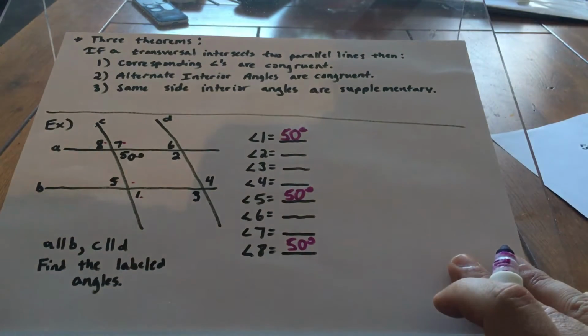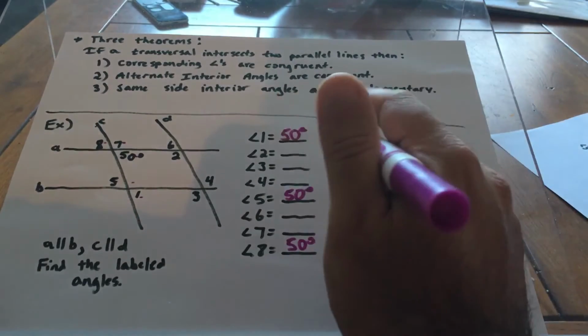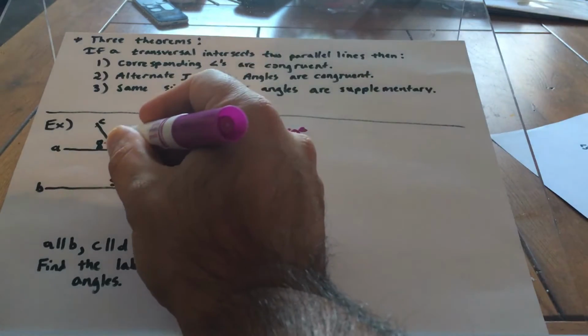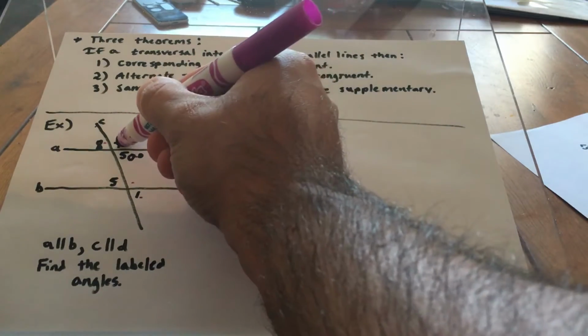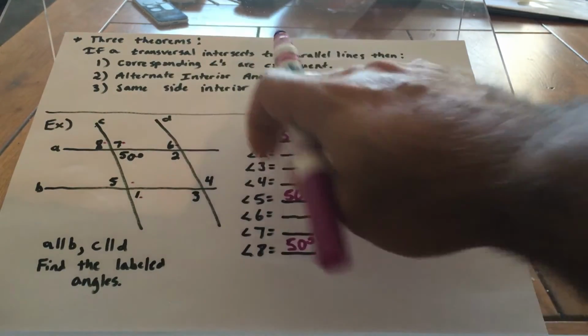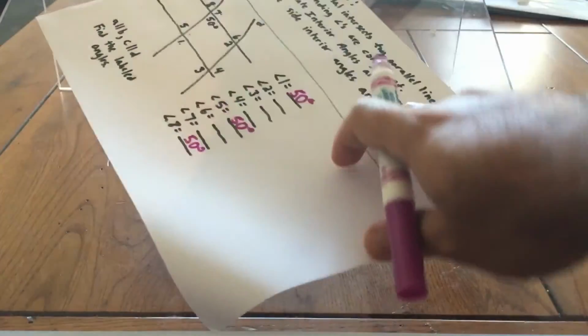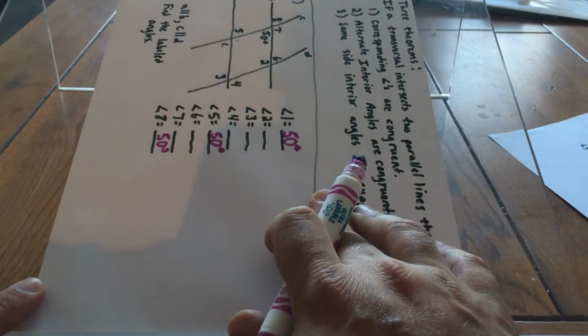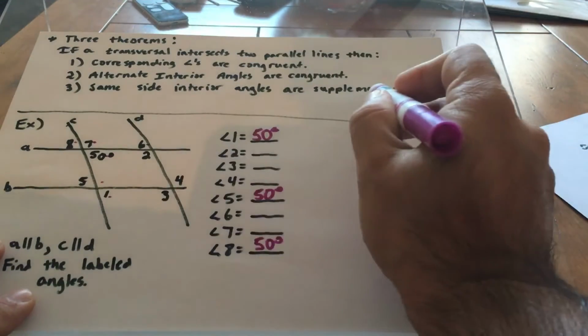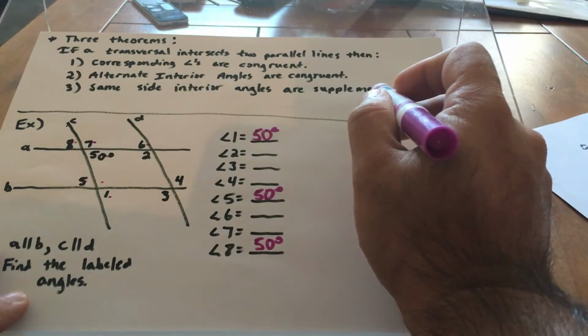The next thing we'd probably want to look at is right here. So we want to jump over here maybe and look at these angles. We know that 7 and 6, if you flip it this way, you can kind of look at it that way. They are same side interior angles, all right? And up here they say that same side interior angles are supplementary.